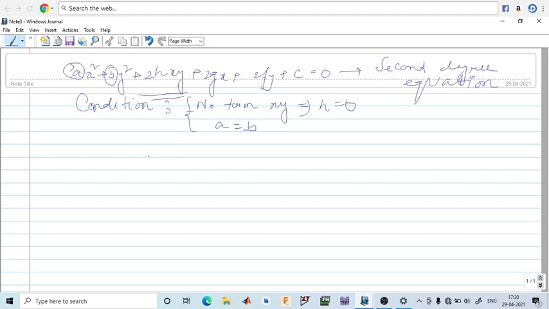So suppose the equation is given like this, then you should convert it into this type of form. I have written this type of form in the previous slide. So make a whole square like this.